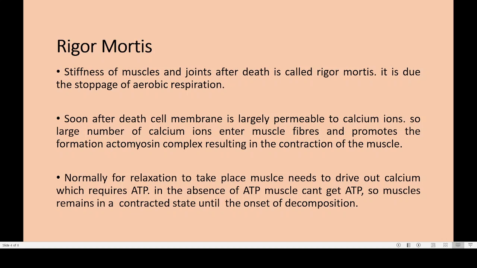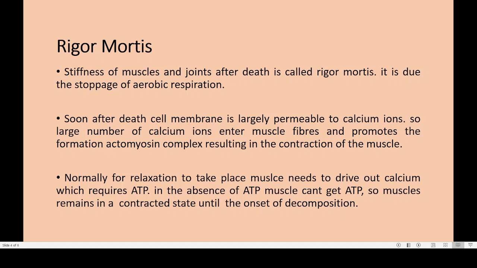For pumping out the calcium, we need a lot of ATP, but ATP won't be available after the death of the person. That is why the muscle remains in a state of contraction. The muscle is not undergoing any relaxation. So it is because of the lack of relaxation that the body of the person appears rigid or hard, because the body is in a state of complete contraction.